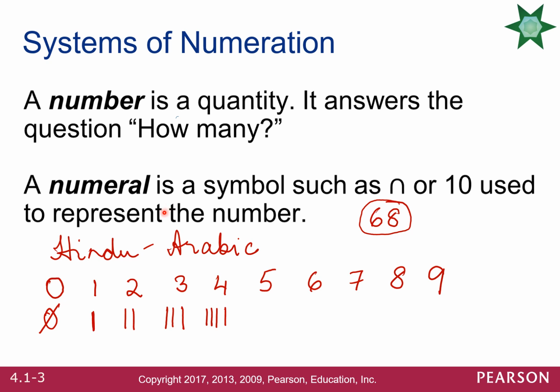They had their own symbols to represent different quantities, different values. A number, on the other hand, is a quantity. All right, it answers the question how many. A numeral, on the other hand, is a symbol to represent a quantity. Okay.